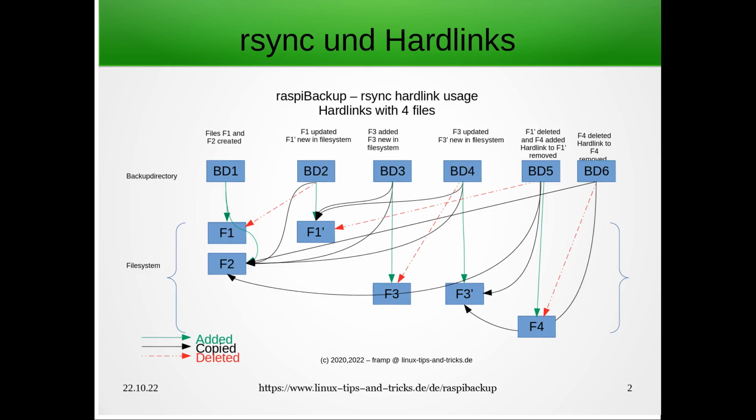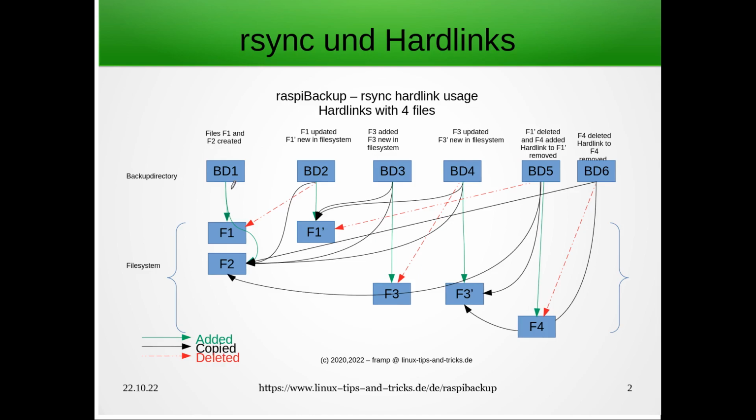Because a lot of times I get feedback and the users of raspiBackup ask why do I see that the backups are still using the same size as every time, but actually whenever you use rsync you get a delta sync and not that much space is used. So I want to try to explain how this works.